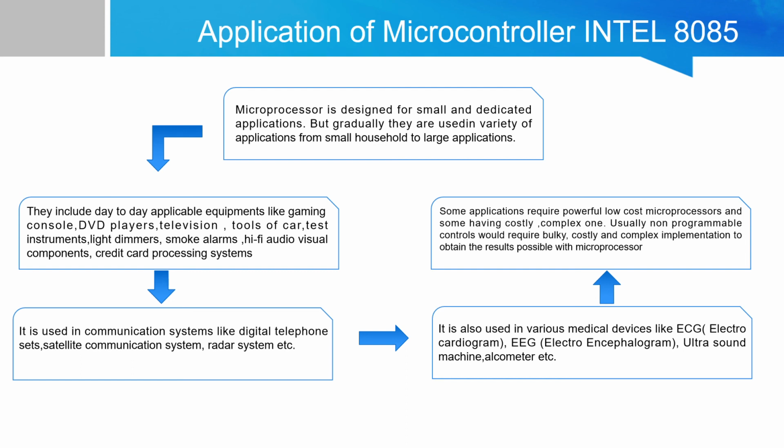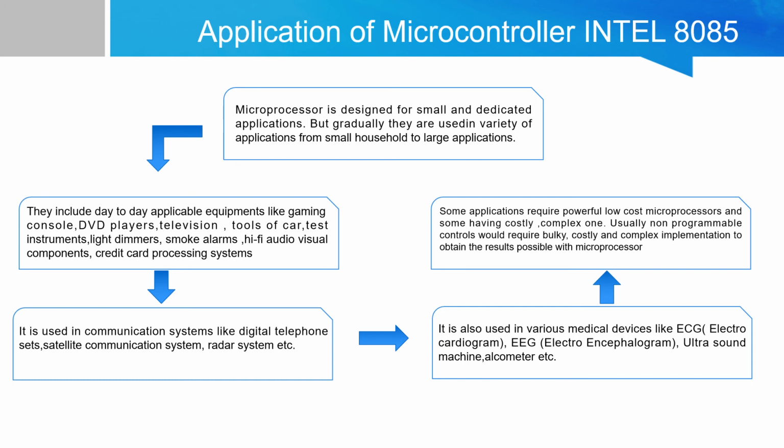Also, it is used in communication systems like digital telephone sets, satellite communication systems, radar systems. It is also used in various medical devices like ECG, electrocardiogram, EEG, electroencephalogram, and ultrasound machines, alcometer.